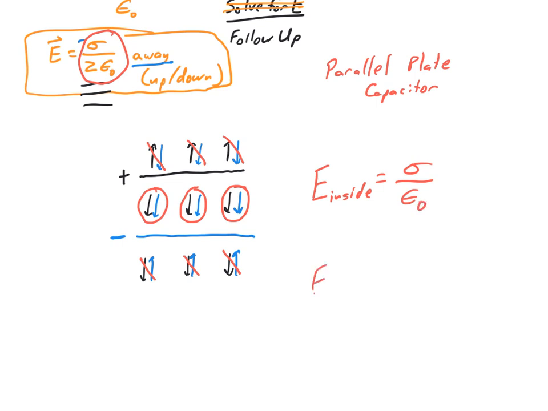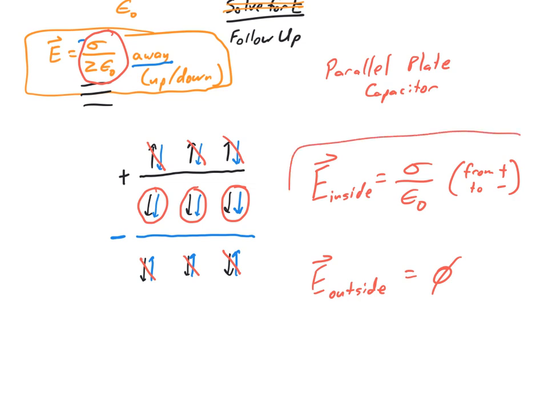And the electric field outside is 0. I didn't draw an arrow of directionality. Now that I've done that, I need to say the direction. It's from the positive to the negative side. And outside, there is no direction needed for something that has 0 value, 0 magnitude.